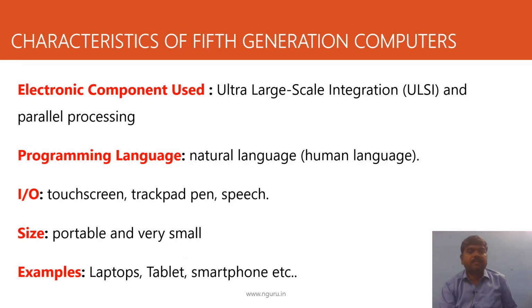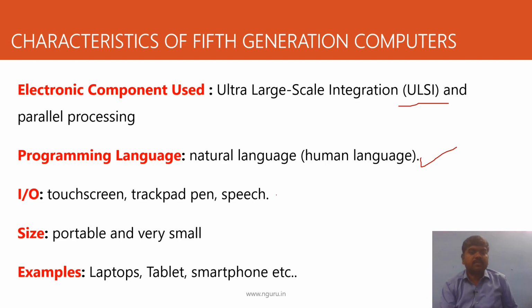So, characteristics: ultra large scale integration, parallel processing, and the programming language is now natural language processing, like human language. The system is able to understand our language, so instructions are given using natural language.